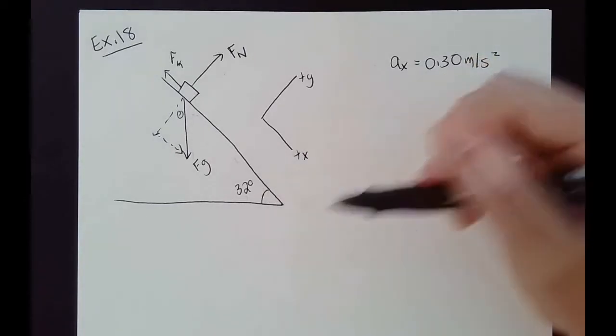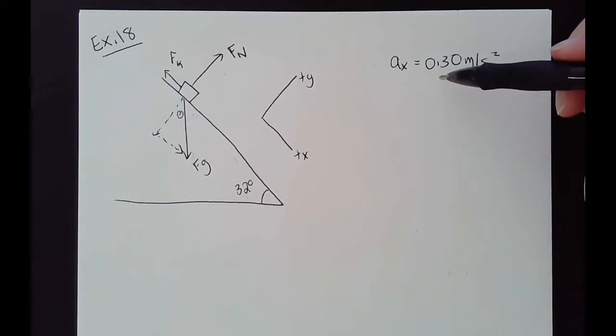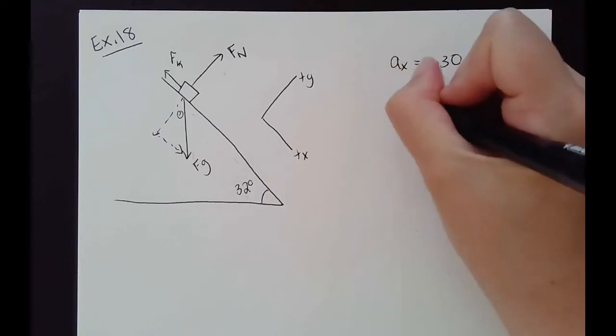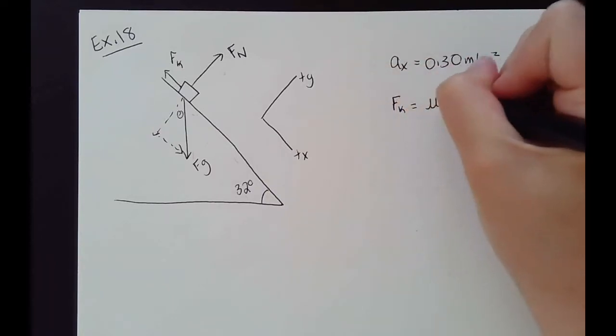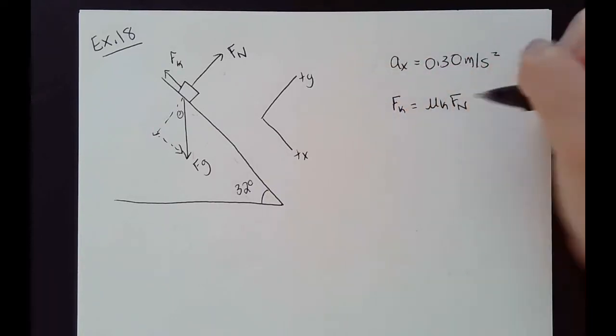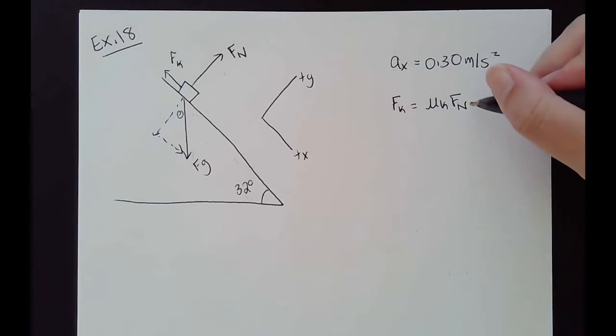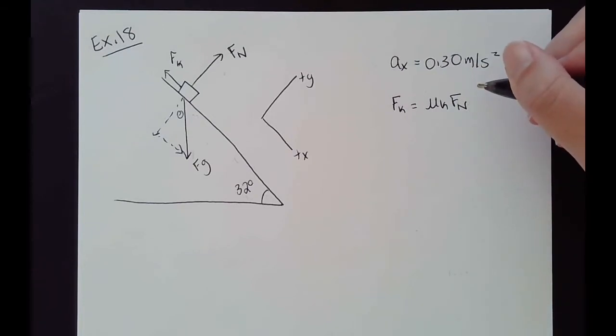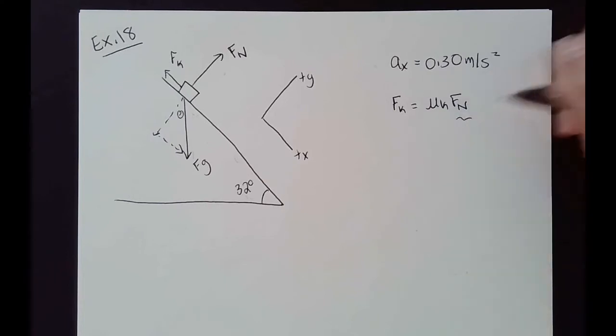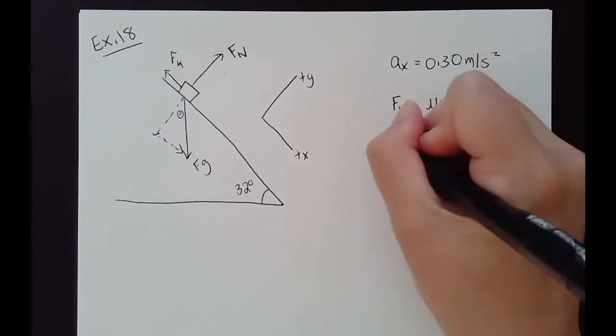We have a 32-degree incline, and we're told that it accelerates down the incline at 0.30 meters per second squared. So we're going to need to use kinetic friction here, which is mu k Fn, and eventually find friction in order to plug in to find our acceleration. So we know that we'll need the normal force. So let's look at the y direction.